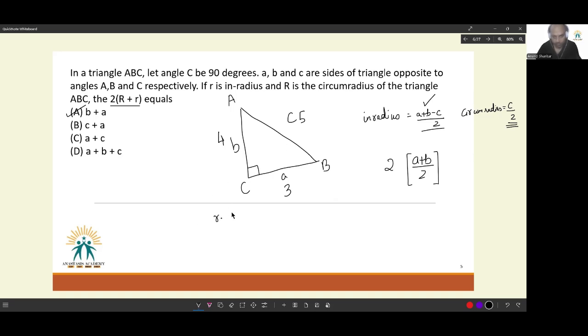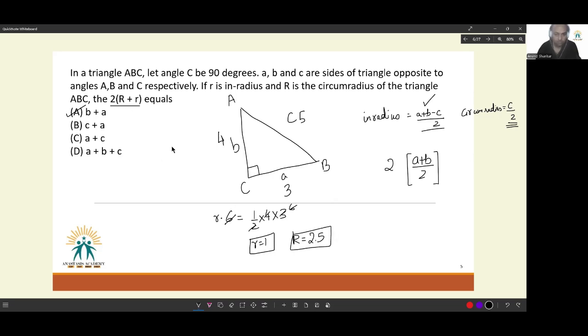Inradius into semi-perimeter 6 is equal to half into 4 into 3. So cancel, cancel, I get to 6, cancel. So inradius is equal to 1. So for this 3, 4, 5 triangle, inradius is 1 and circumradius is 2.5.